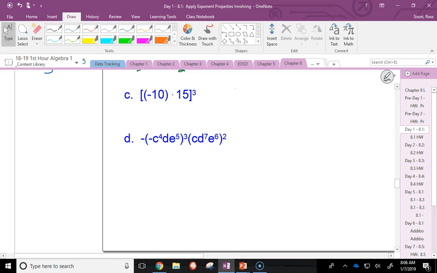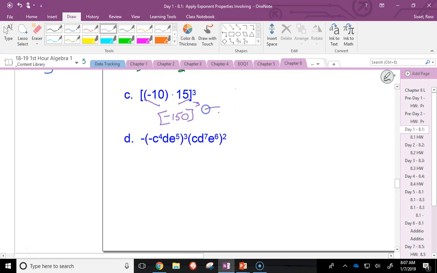We want to do our parentheses first. PEMDAS, parentheses. My first thing I want to solve is the negative 10 times 15, which gives me negative 150 cubed.